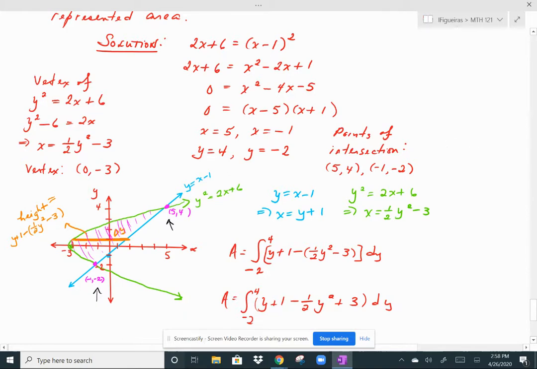So it's easy enough to graph a line. If you have 2 points, just connect the 2 points here for y equals x minus 1, and that gives me the line in blue. Okay, but we need to graph this y squared equals 2x plus 6. All right, so if I were to solve this for x, you would get x equals 1/2 y squared minus 3.